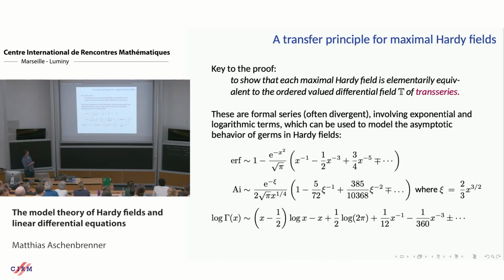And then there's a similar expansion for the Airy function, which is a bit more complicated. So it's phrased here using this change of variables, so it's written in terms of psi. And then, of course, there's the famous Stirling expansion for the gamma function.